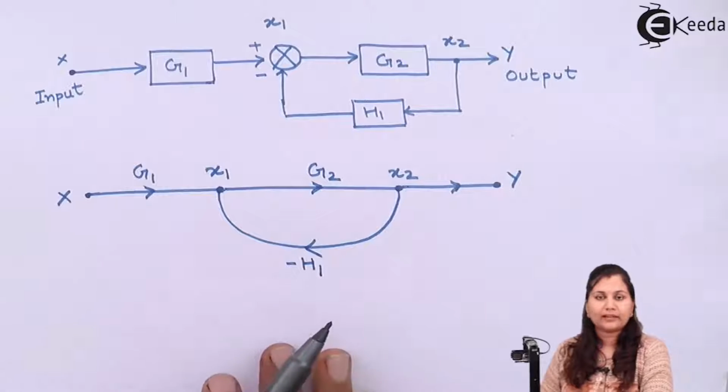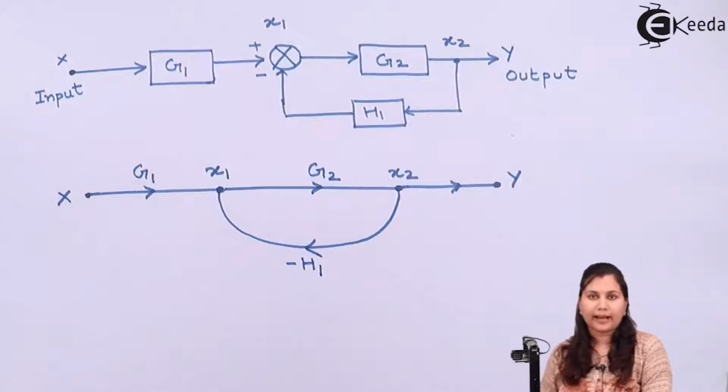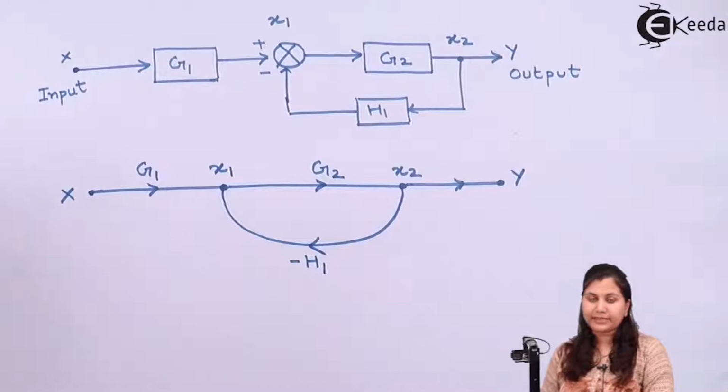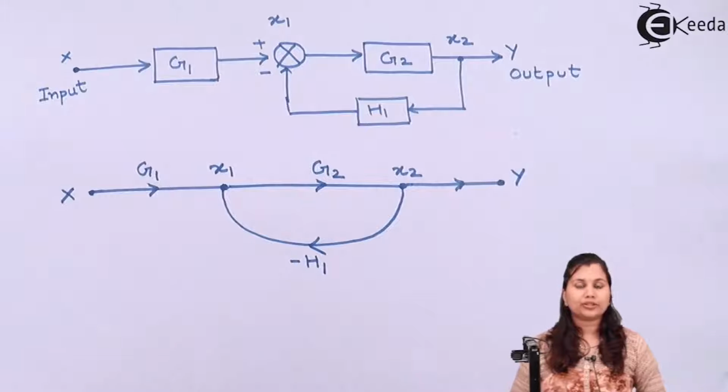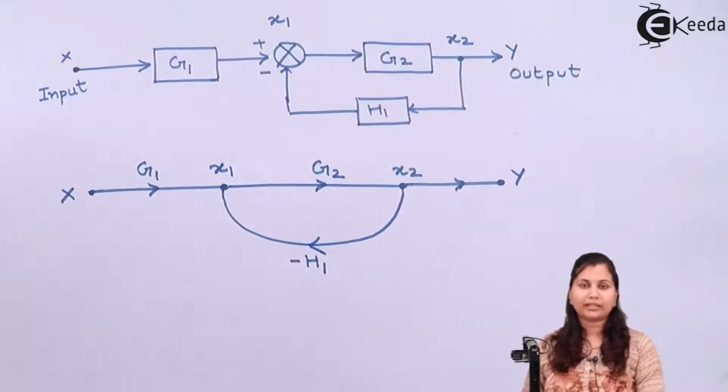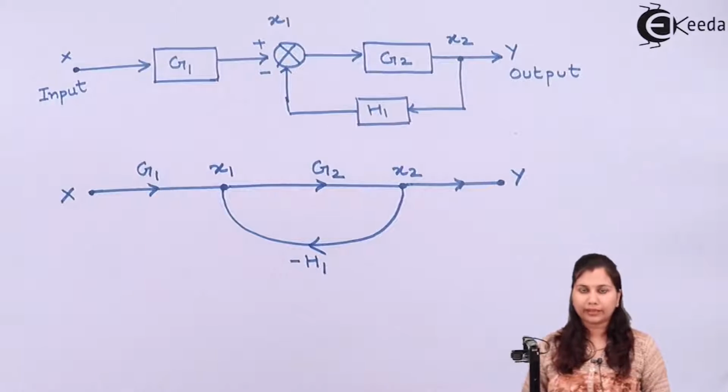So in this way, we can convert a block diagram into a signal flow graph, step by step following the steps we have discussed earlier. So this was the procedure for converting a block diagram into a signal flow graph.